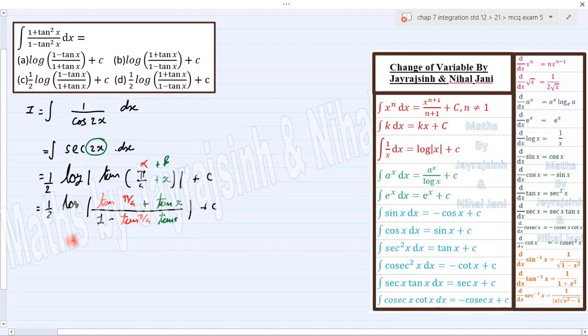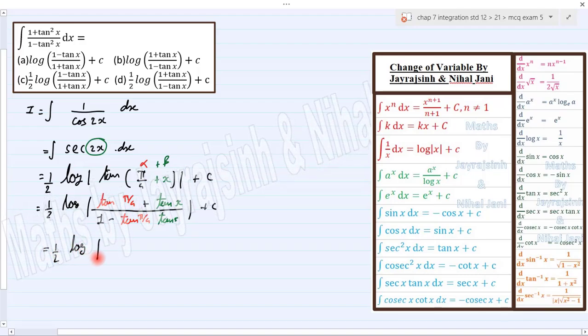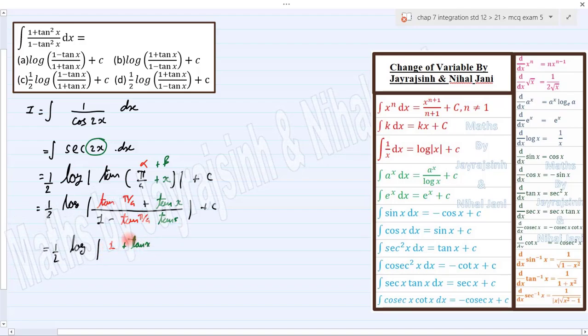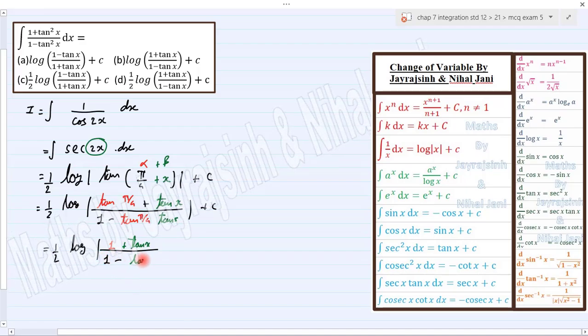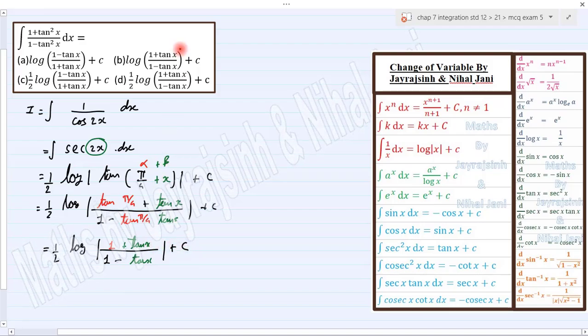Now we know that the value of tan pi by 4 is 1. So we will get log of 1 plus tan x upon 1 minus tan x plus c is your final answer, which is given in option D. Ta-da!